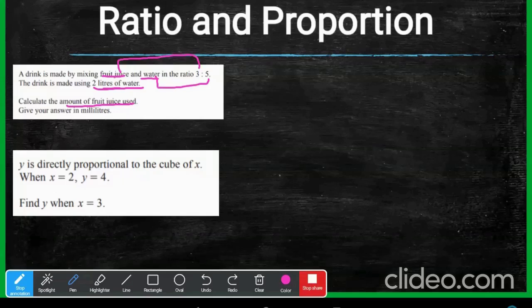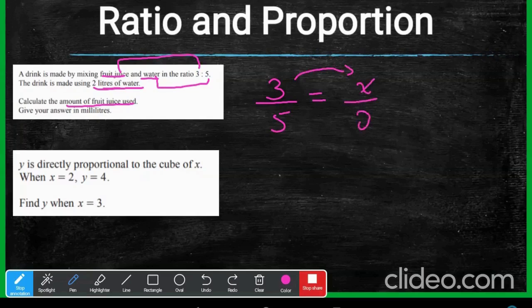Now the fruit juice ratio is 3, so you have to write 3 divided by 5, equal to, we don't know the amount of fruit juice, so we write x, but we know the amount of water, that is 2 liters. So I write 2 liters. The interesting thing in this question is that they want the answer in milliliters and they have given the value in liters.